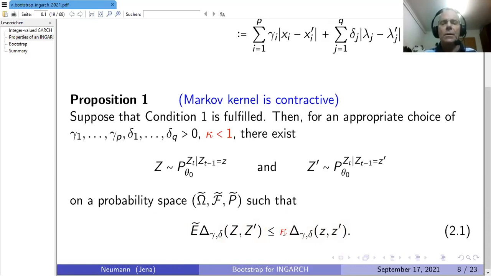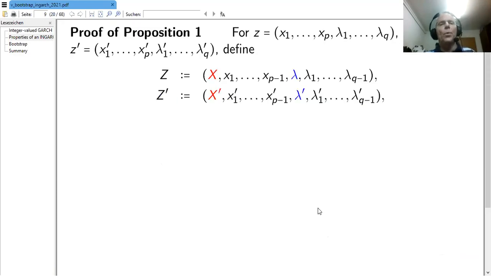And this is some sort of contraction, since kappa is strictly less than 1. The proof of this proposition is really very simple. Suppose that we have two members of our state space, c and c prime. And how can we construct corresponding random variables, capital C and capital C prime?